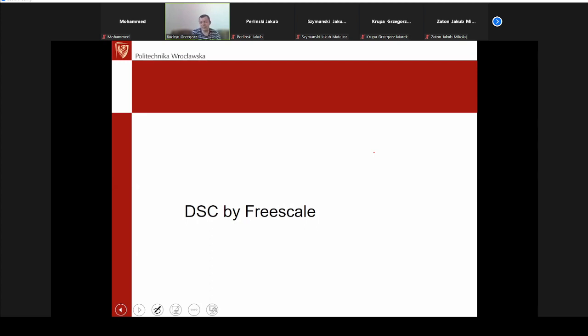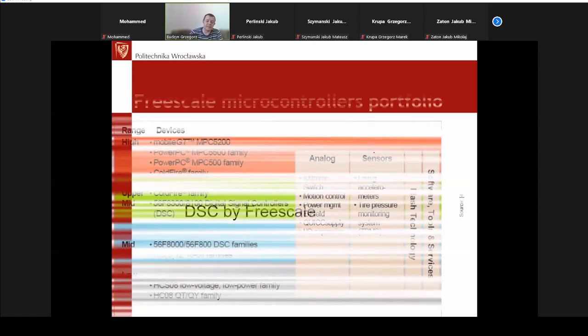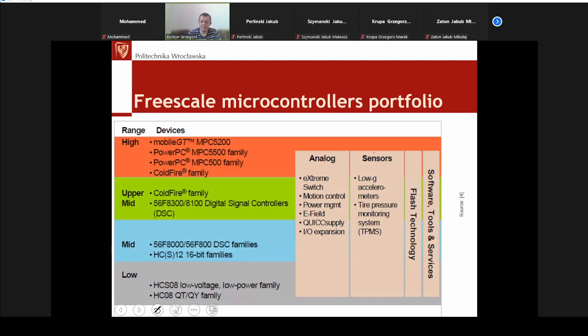Freescale had a lot of history with being Motorola before, and leading the world of processors. Now it's trailing the world of processors. Yet there is such a thing as DSCs, and you can still find on the market a lot of signal processors coming from Freescale and now from NXP.